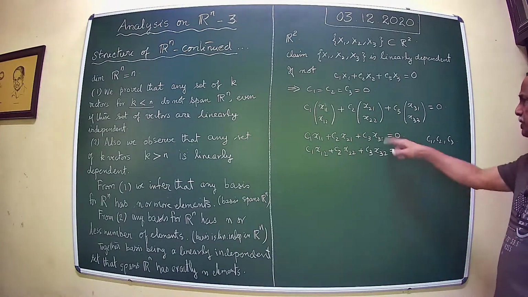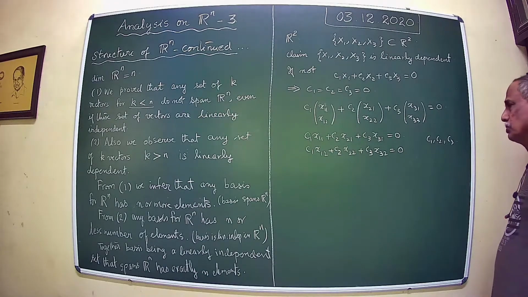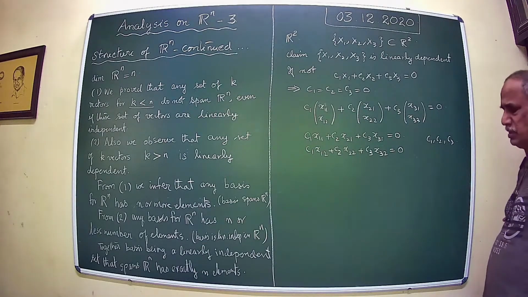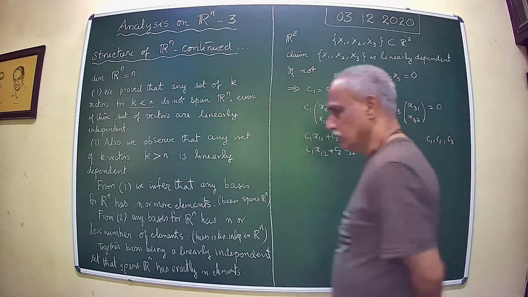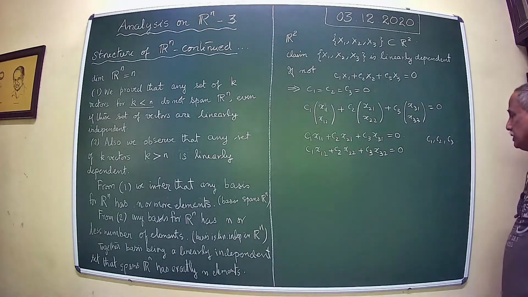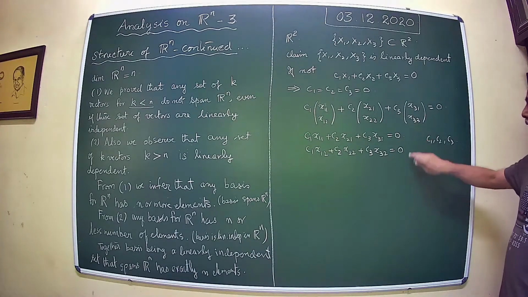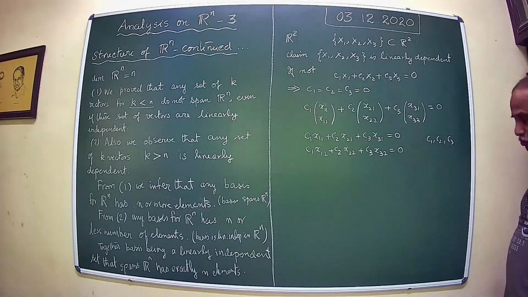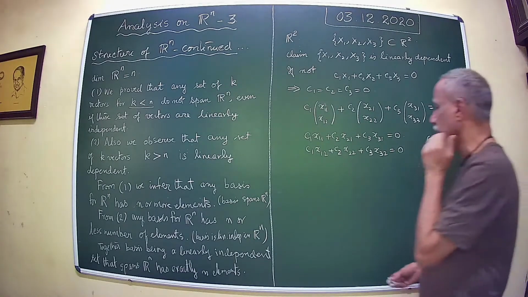Of course, it has the trivial solution, c1, c2, c3 equal to 0, but there are two equations for determining three unknowns, so there is always a non-trivial solution.